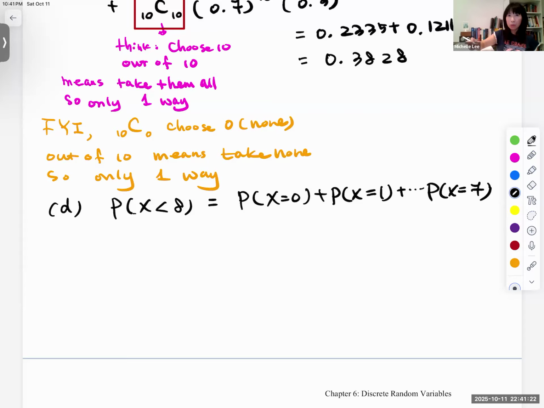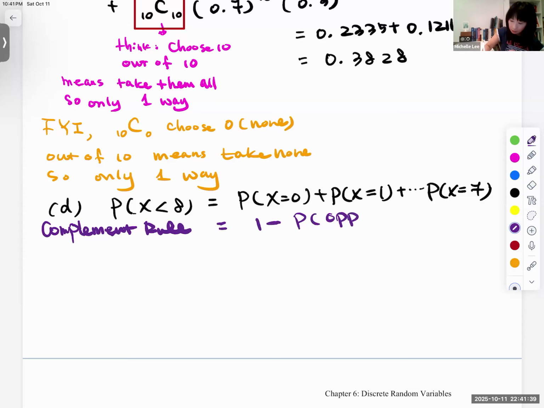We can use the complement rule, right? So complement rule. So that will be 1 minus the opposite, right? So what's the opposite?